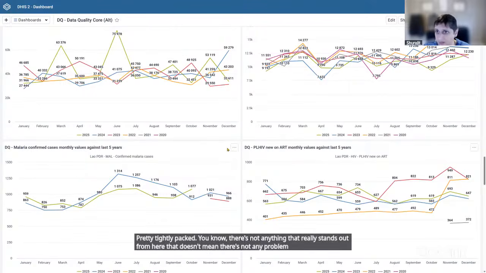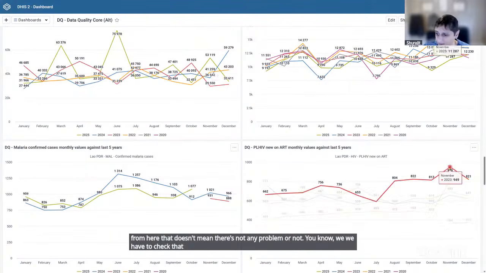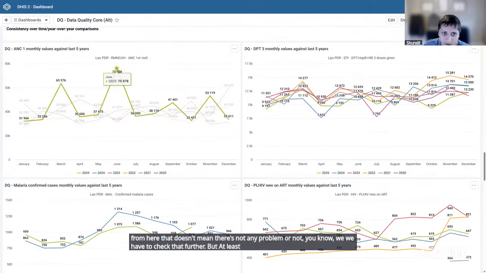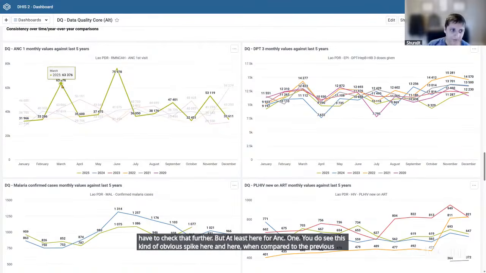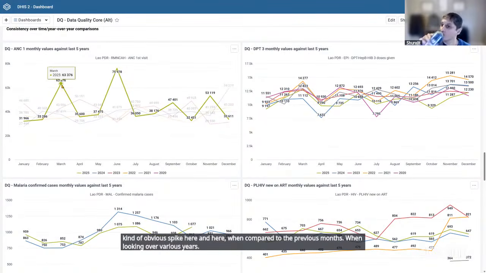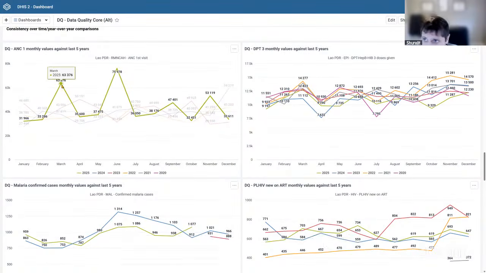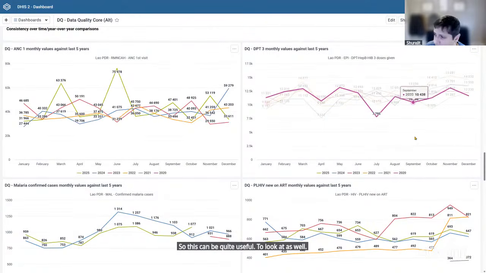We have to check that further. But at least here for ANC1, you do see this obvious spike here and here when compared to the previous months when looking over various years. So this can be quite useful to look at as well, as it helps us identify really quickly some of the problems that we're seeing.